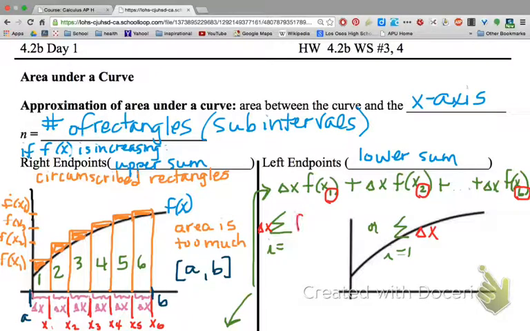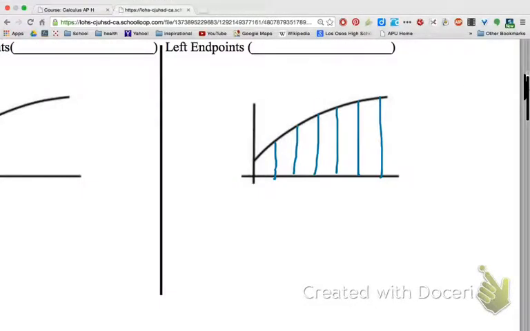And then the terms that are changing are the f of x sub i's. And what I notice is that I start at 1 and I go until I hit 6. And of course this is my area, right? Because that's what we said we were trying to do, is find the area of all the rectangles. And so again, you need to make sure that all these rectangles are the same width. Again, we're going to call it delta x.